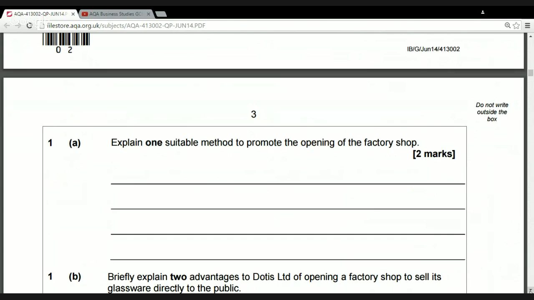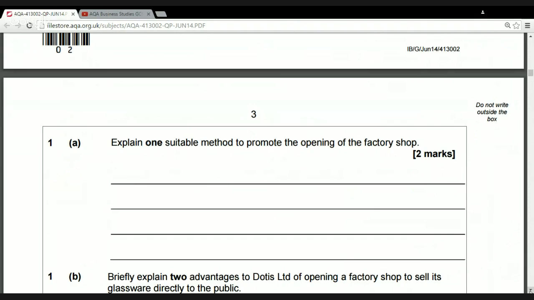Pretty much most of the stuff that you picked up from promotion could be used in this question. Now, if you're using anything that's non-promotional, you won't get any marks for that. And you get 1 mark for developing that answer.